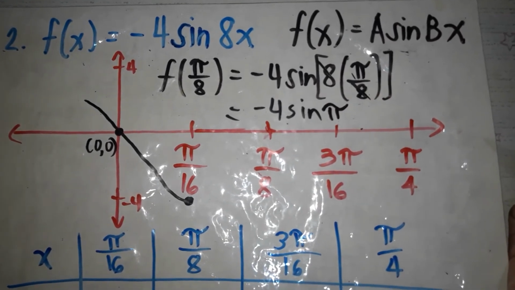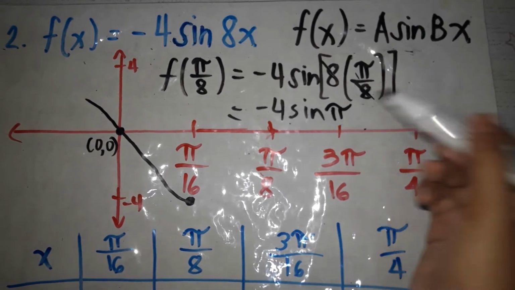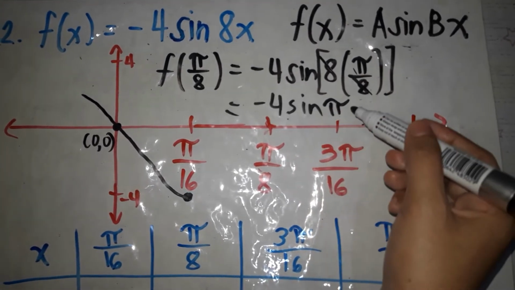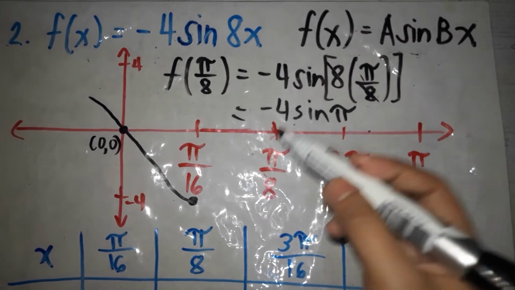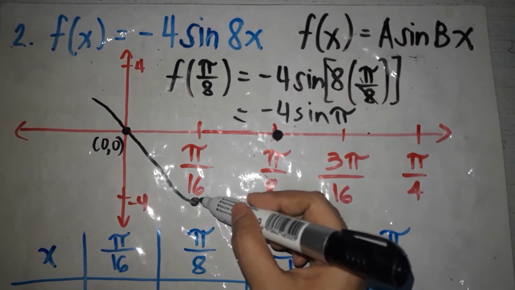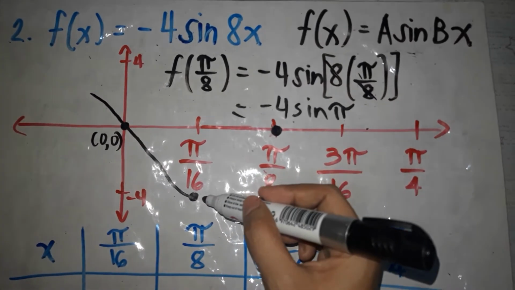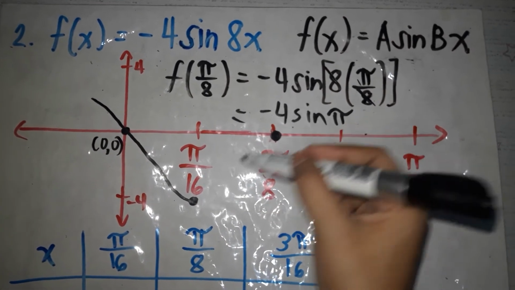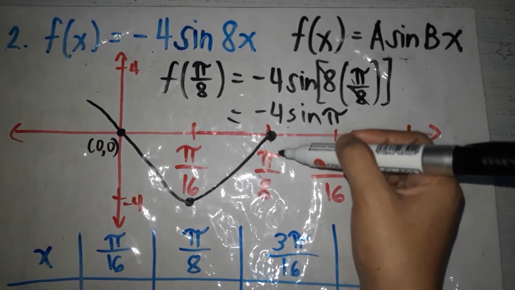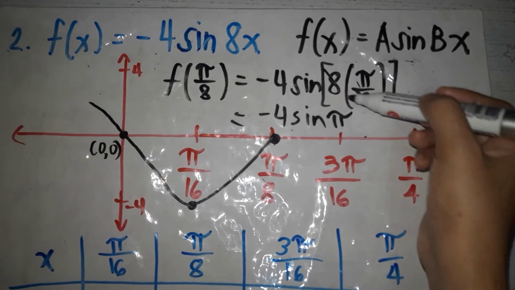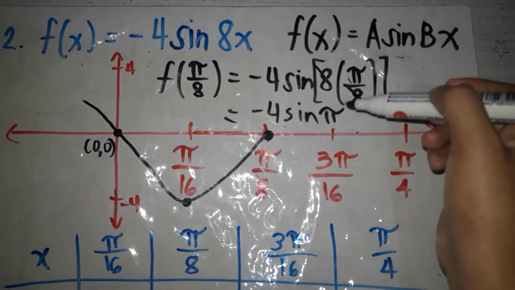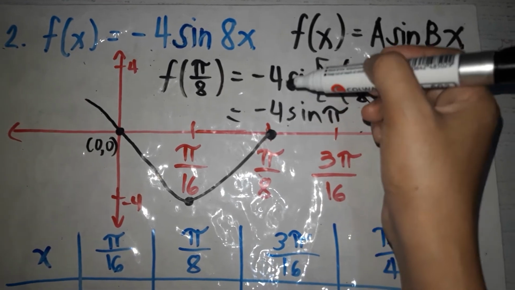Remember that the value of sine pi or sine 180 degrees is 0. -4 times 0 is 0. So we have pi over 8 and 0. Let me repeat, it's pi over 8 and 0, because sine 180 is 0, and 0 times -4 is 0.